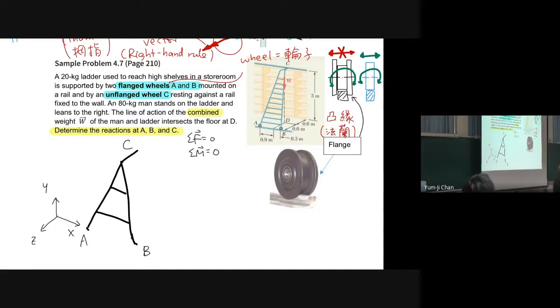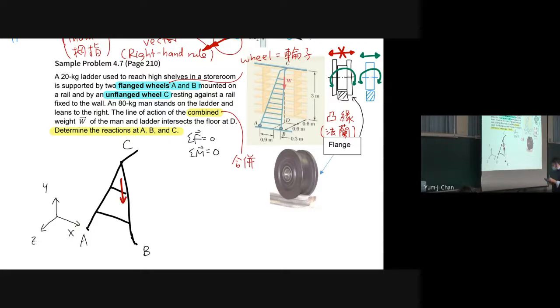After the shape of the ladder, what's the next thing we need to draw? Forces, okay? So what forces do we have? First of all, we have the combined weight of the man and the ladder. Combined means two added together.